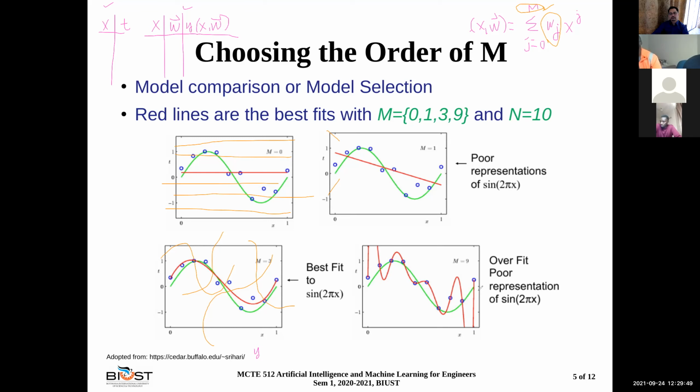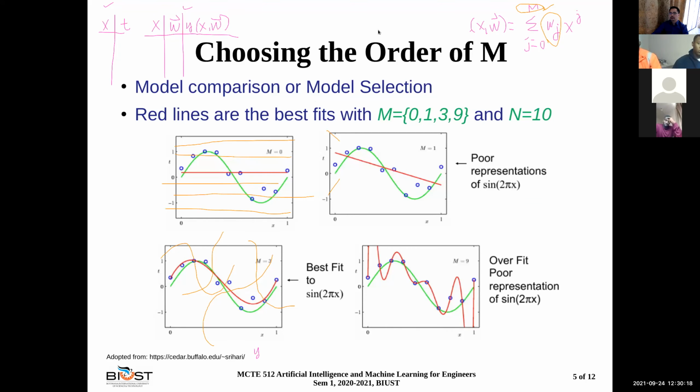So the question is, is a bigger M value always the best estimate? The answer is no, not all the time. How do we know which one is the best estimate? What you can do is go through each, from M equals 0, investigate M equals 1 and see which one best estimates, then go to M equals 2, M equals 3.